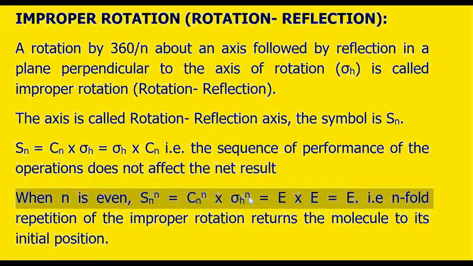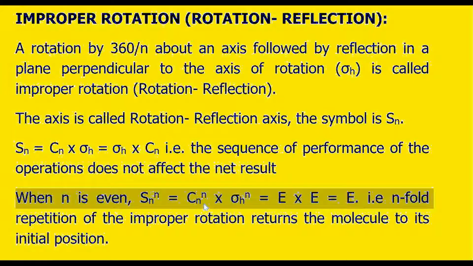So we are taking a condition over here that if the value of n is even, then Sn raised to n is equal to Cn raised to n multiplied by sigma h raised to n. Now we have seen that Cn raised to n is always equal to E, and sigma h raised to n comes out to be equal to E when n is even.